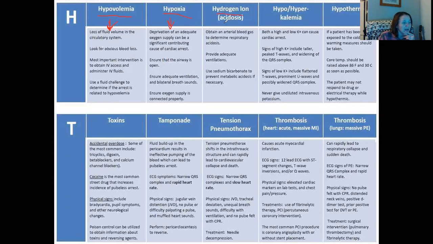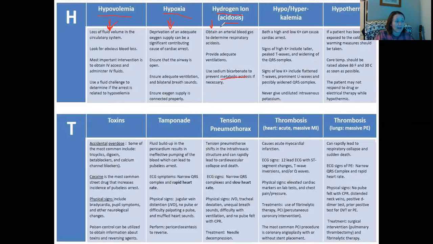This hydrogen ion is acidosis. So this is going to be if you've got a patient that's in a severe respiratory or metabolic acidosis. If you've got that severe acidosis, remember the carbon dioxide, if you remember back to Miss Curley's, I believe it's Miss Curley that teaches it in 112 or 114, your ABGs, and looking at those, carbon dioxide is super acidic.